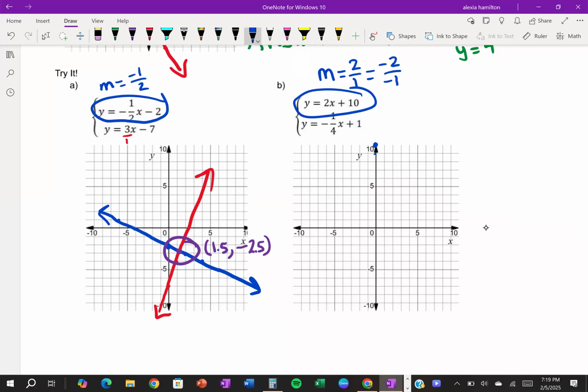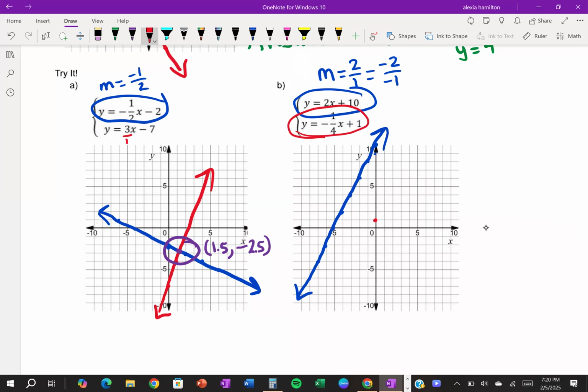Okay, cool. So I'm going to actually count down 2 and left 1 for each of these to get my line.